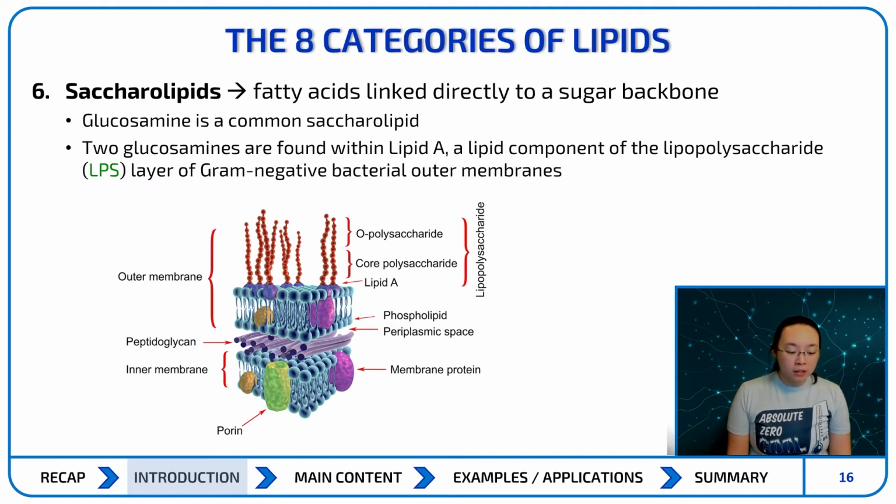So gram-negative bacteria don't just have an inner membrane, they have an outer membrane as well. So in the outer membrane, there's this lipopolysaccharide layer. So it's got like many tails coming out. And this lipid A is some sort of toxin. So lipid A is going to have a core polysaccharide and an O polysaccharide, and together it forms the lipopolysaccharide layer of your outer membrane of a gram-negative bacteria.